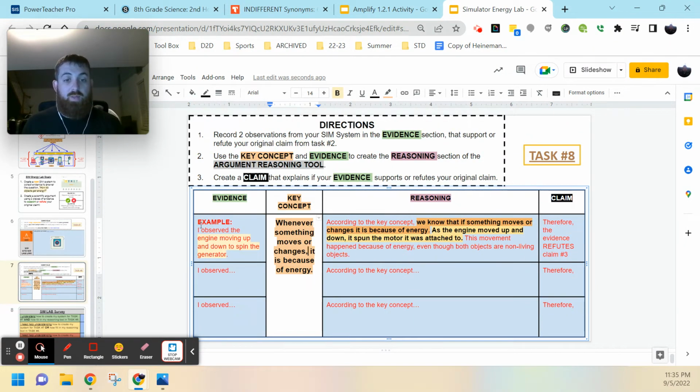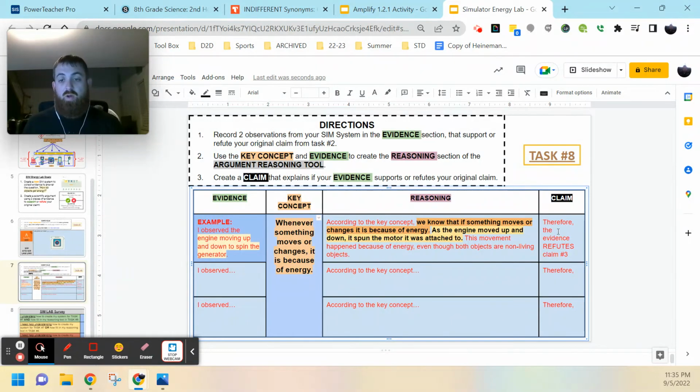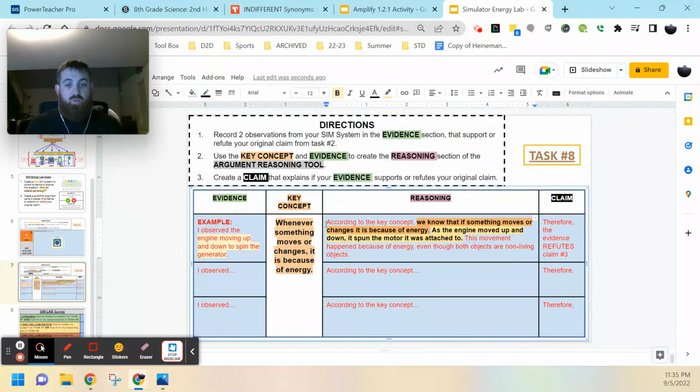So let's talk about how we go from the evidence and key concepts all the way to the claim. And that's with our reasoning. Our reasoning brings it all together. So according to the key concept, we know that if something moves or changes, it's because of energy. So there it is. I'm pulling those words and phrases in. That's highlighted in orange. Now let's take a look at the yellow section. As the engine moved up and down, it spun the motor it was attached to.